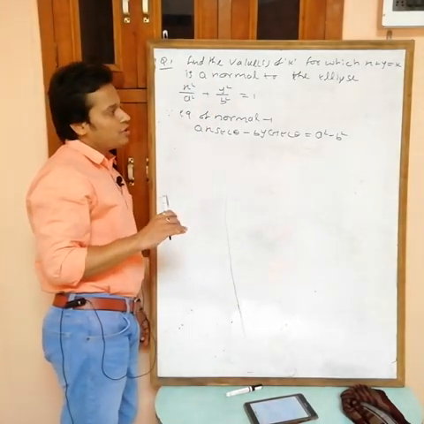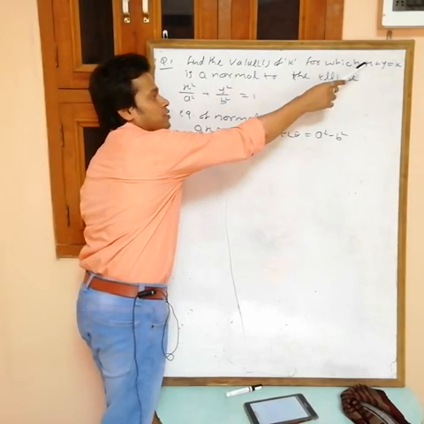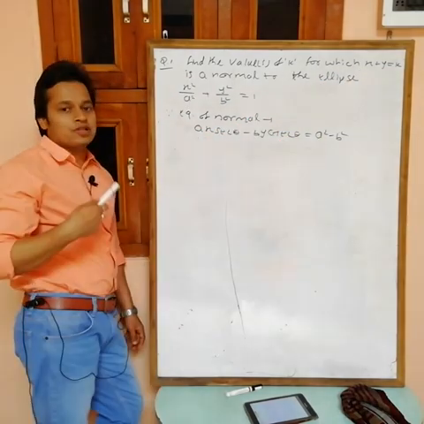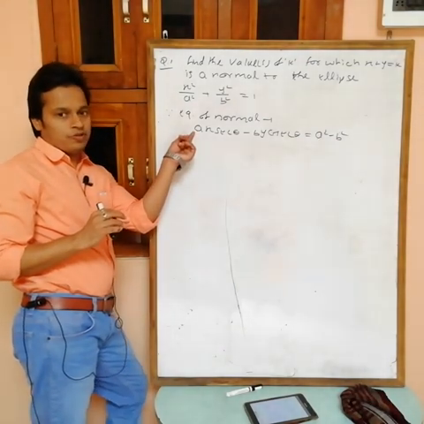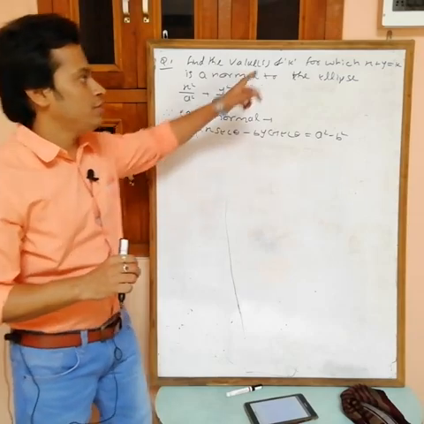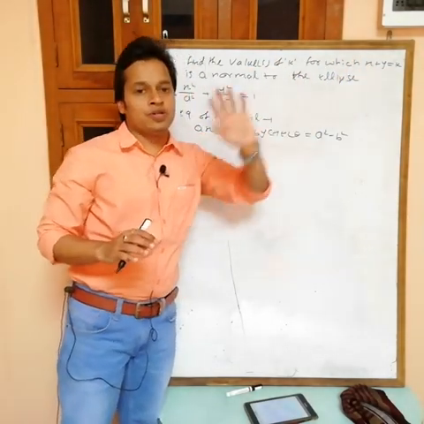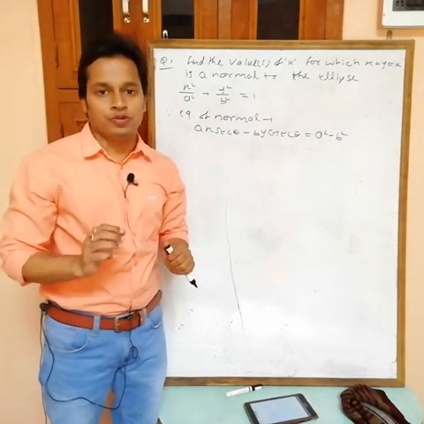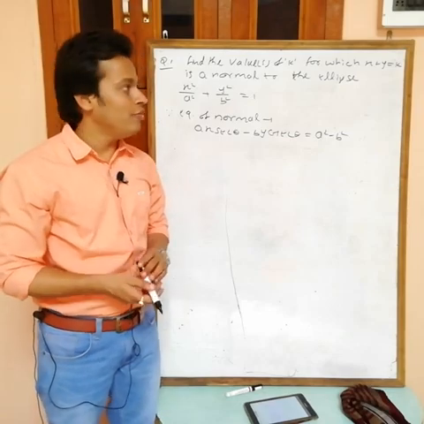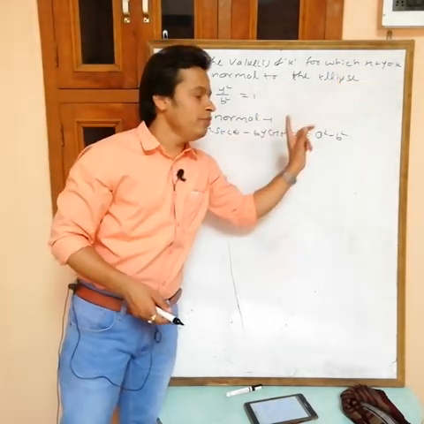We want the value of k such that x plus y equals k also becomes an equation of normal. It means both are equations of normal. If both are equations of normal, then compare both to get the value of k, so that this also becomes normal.